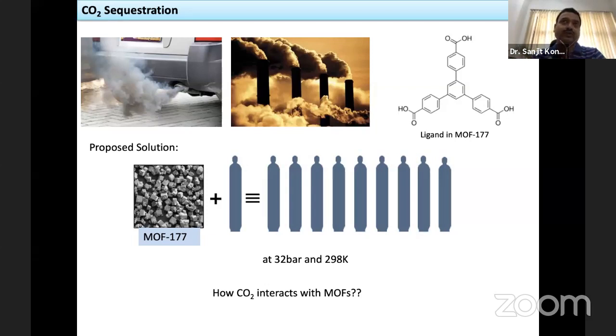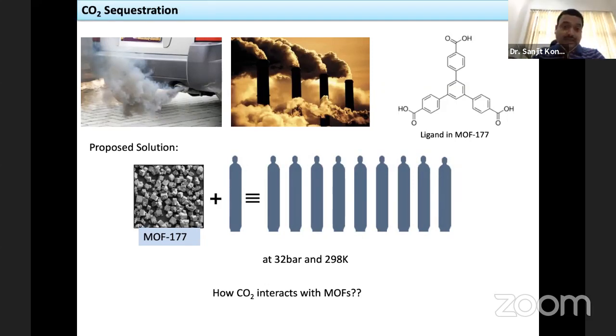Now when you put this highly porous material, you have a lot of surface inside the cylinder, a lot of small compartments inside the material, therefore inside the cylinder itself. By doing so, you are actually restricting the velocity, the free movement of the carbon dioxide inside the cylinder, therefore it increases the storage capacity.